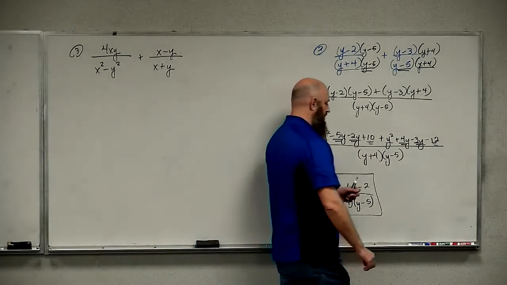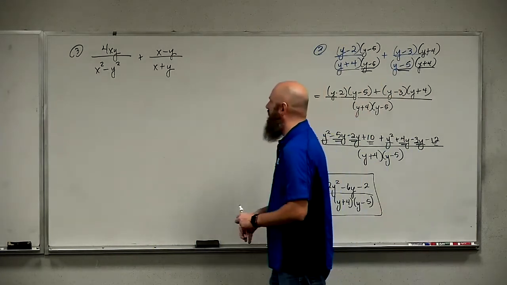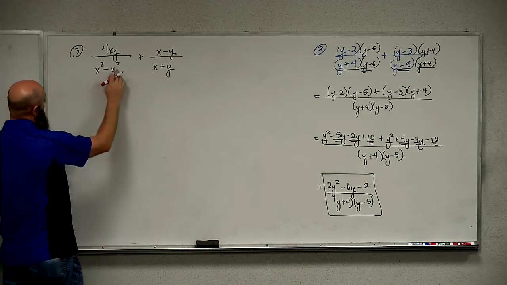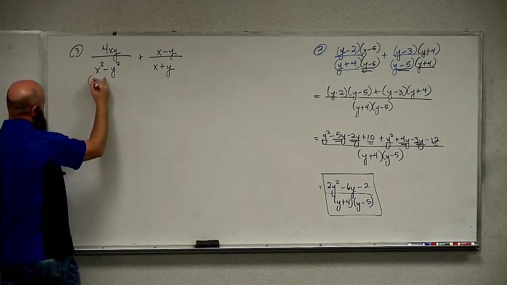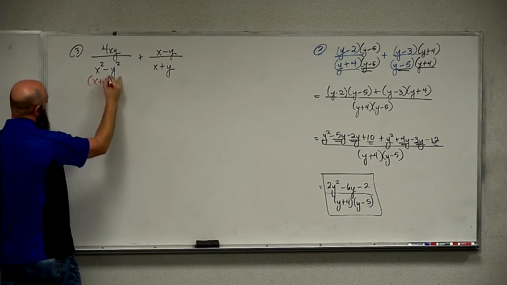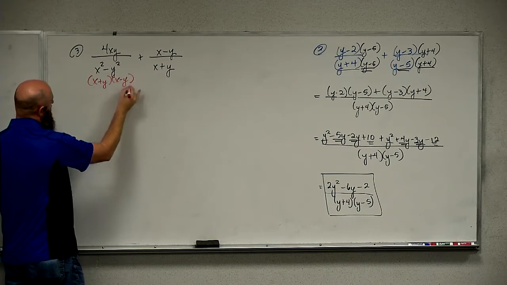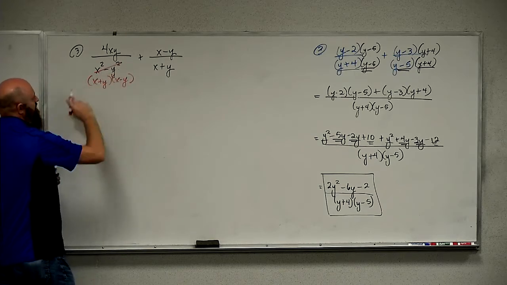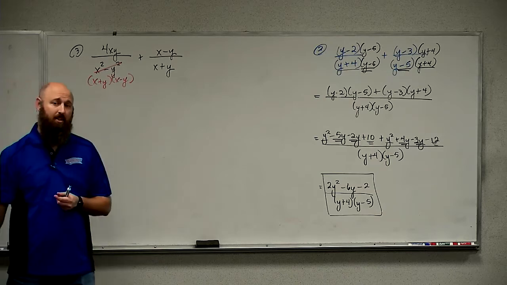So I'm going to do that in red here, so I don't have to write this problem a whole bunch of times. So instead of this reading x squared minus y squared, I wanted to read x plus y times x minus y, because it's a difference of squares. And that's what I'm going to use instead of the x squared minus y squared.